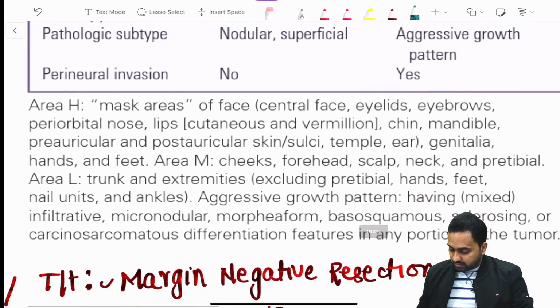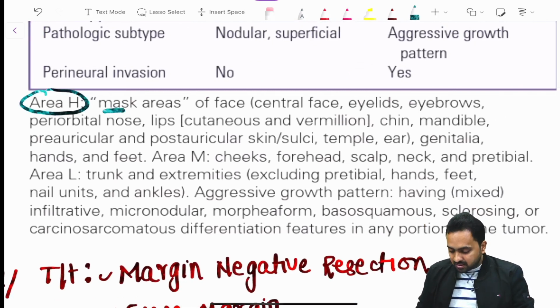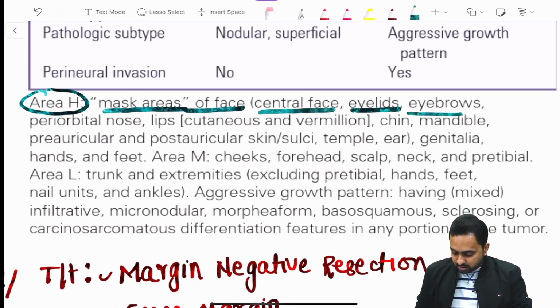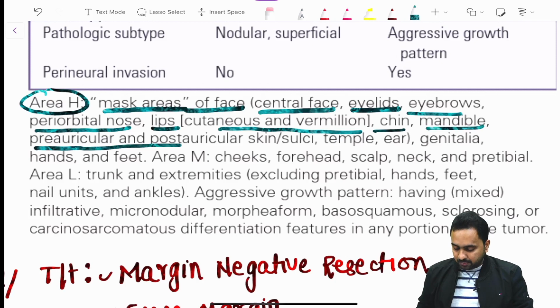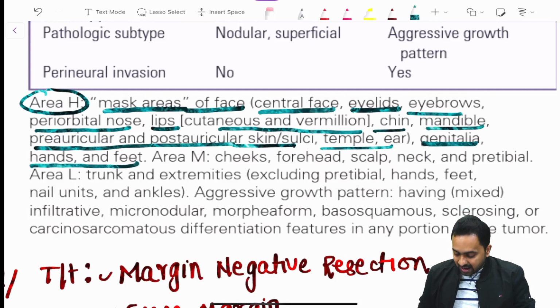So, if you look over here, area H is the mask areas of the face, that includes the central face, eyelids, eyebrows, periorbital, nose, lips, cutaneous and vermilion, chin, mandible, preauricular and postauricular skin, sulci, temple and ear, genitalia, hands and feet.